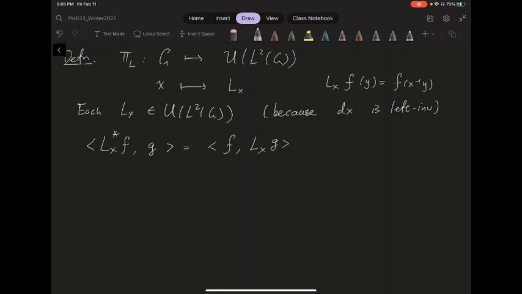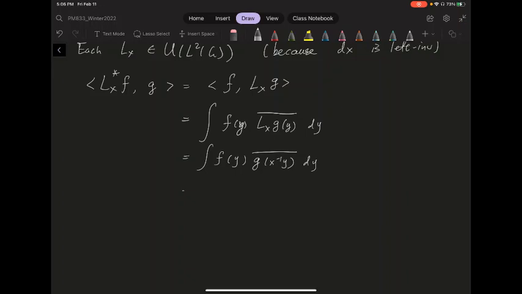So let's write it out. This is equal to the integral of f of y, and then you evaluate Lx g at y, and then you take the conjugate, dy. This equals the integral of f of y times g of x inverse y, conjugated, dy.